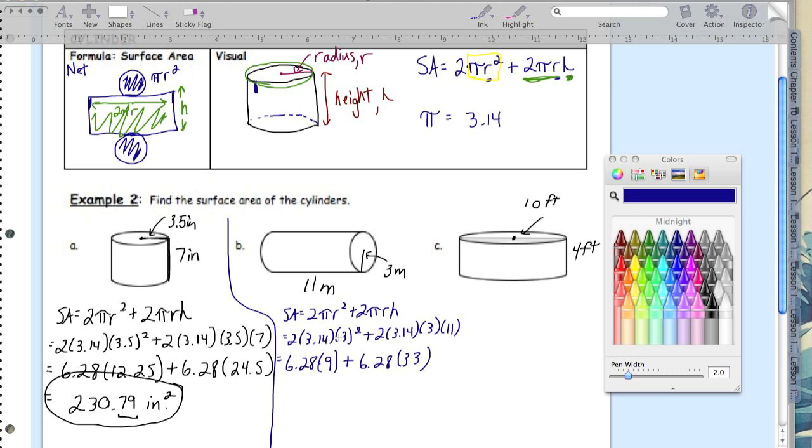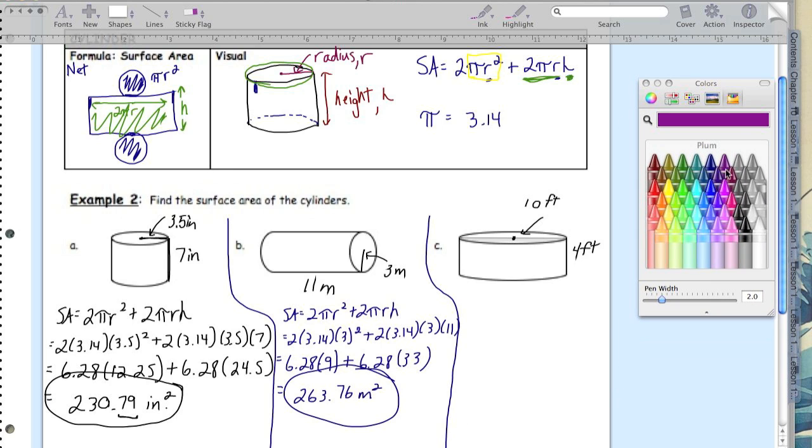So I'm going to multiply everything together. And I find that my surface area is 263.76, and I have to label it meters squared. Okay? Nice job, guys.